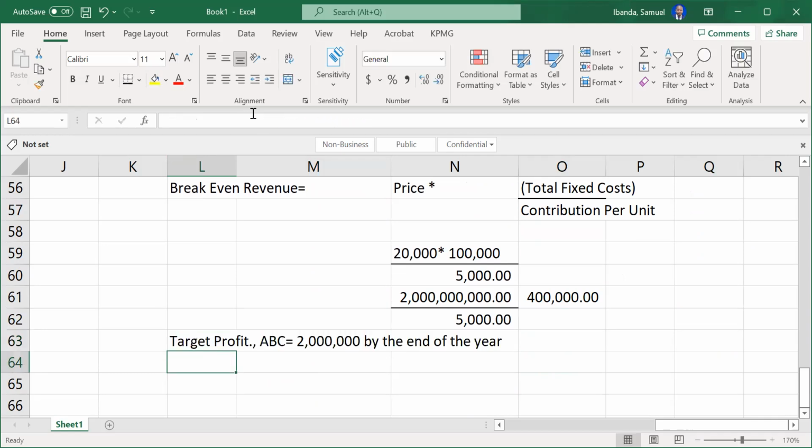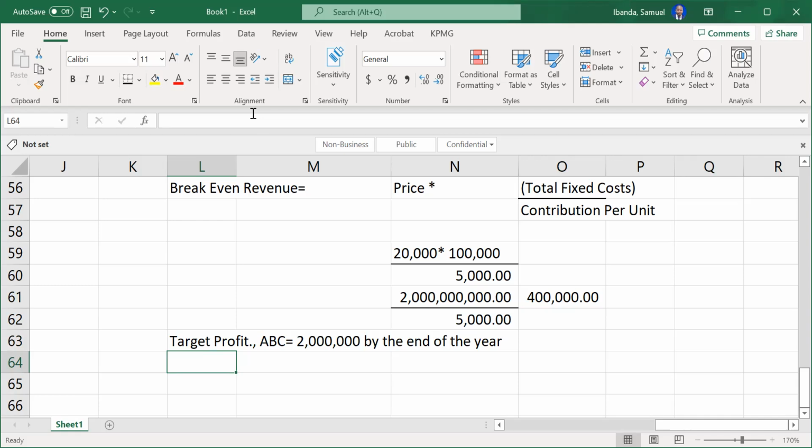So that's what they want to earn. Remember, they're dealing in shirts. They sell each shirt at 20K. The shirt costs them 15,000, and they have fixed costs of 100,000. They want to make a profit of 2 million by the end of the year. They're going to ask you, how many shirts should they strive to sell to make 2 million?